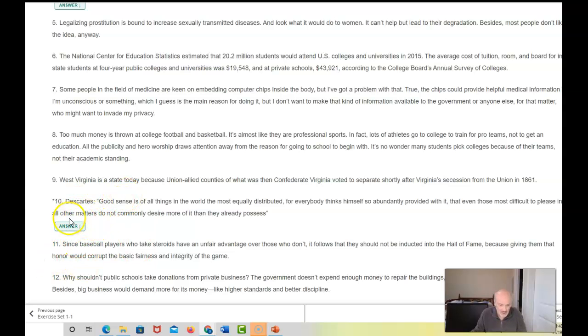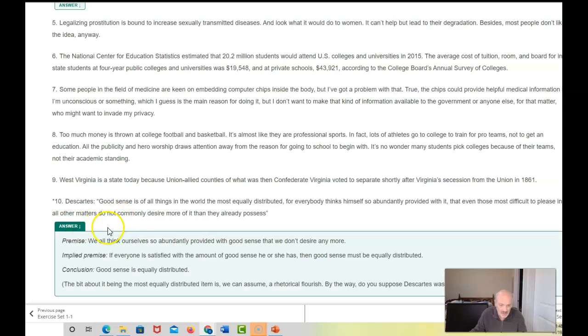Let's take a look at the next 2, which are good examples of arguments. So Descartes' statement: good sense is of all things in the world most equally distributed, for everybody thinks himself so abundantly provided with it that even those most difficult to please in other matters do not commonly desire more of it than they already possess.